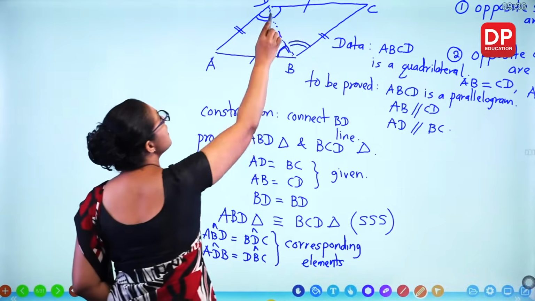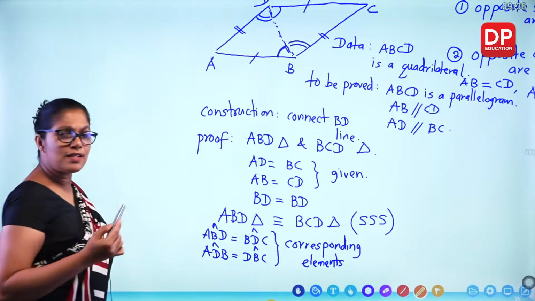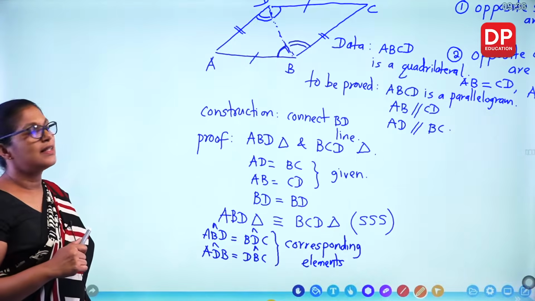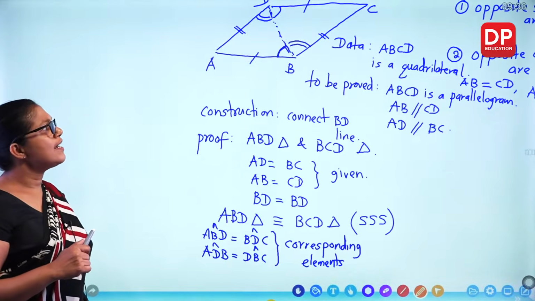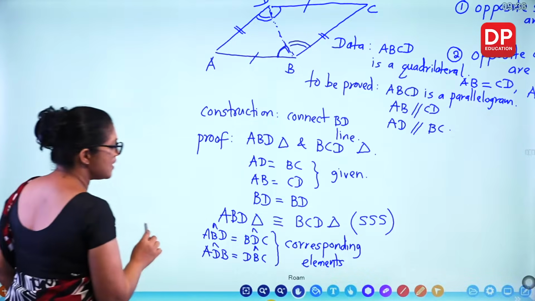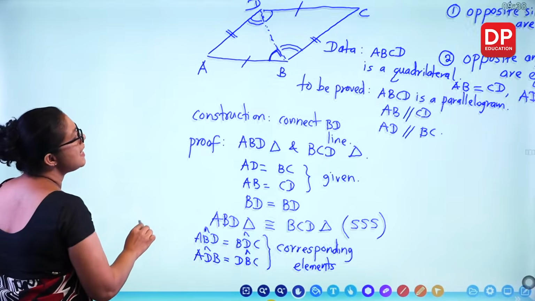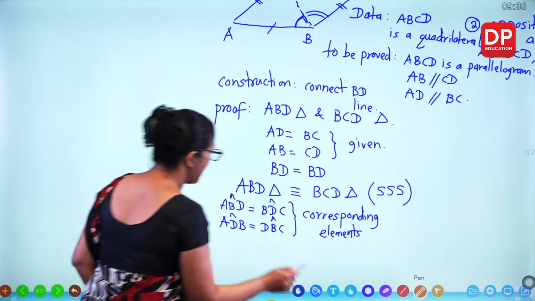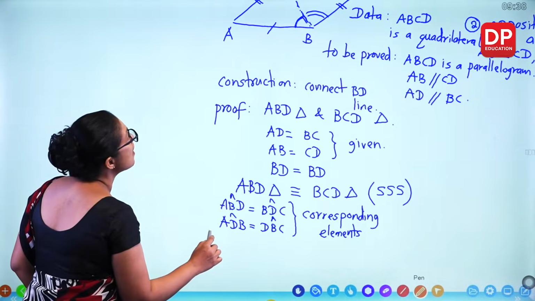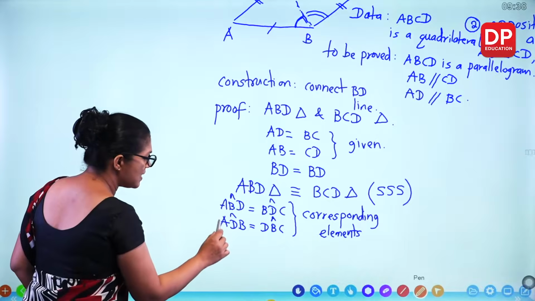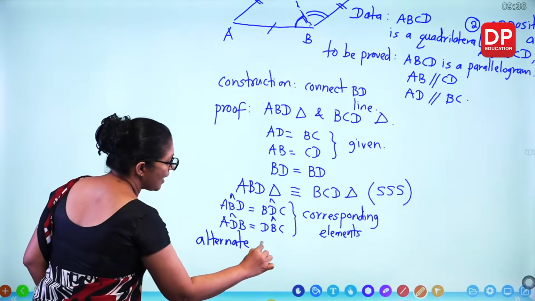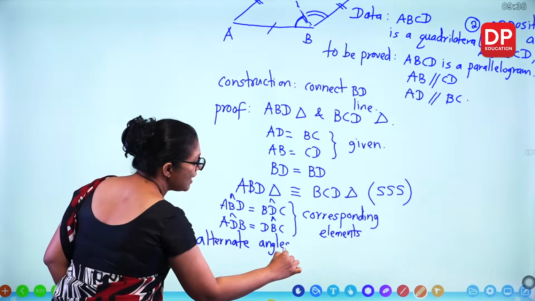Now what are these angles? Alternate angles. If alternate angles are equal, what can you say about the two lines? These lines are parallel. Because of this, we can say AB is parallel to this one, CD. Why? What's the reason? Alternate angles are equal.